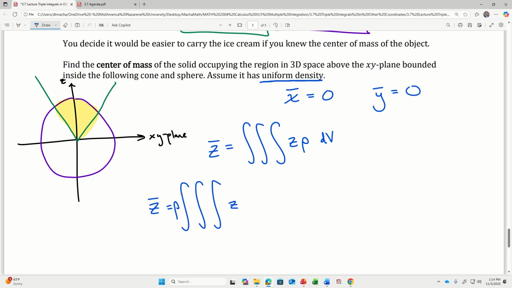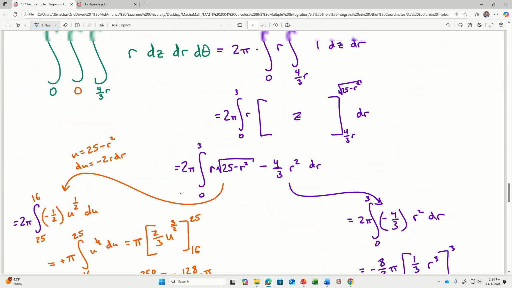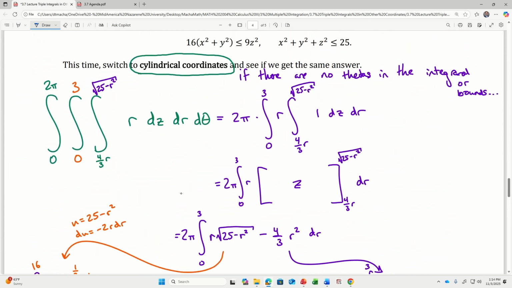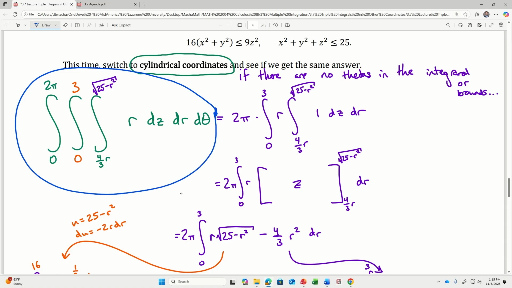The last problem, when we did this with cylindrical coordinates, had us do this. We're just going to copy this integral, only now we're including a z in the integrand.